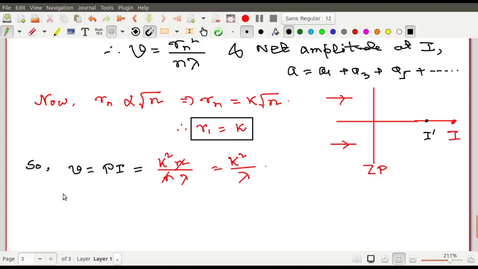So let me write it. Let the point of observation be taken closer to the plate to I dash.